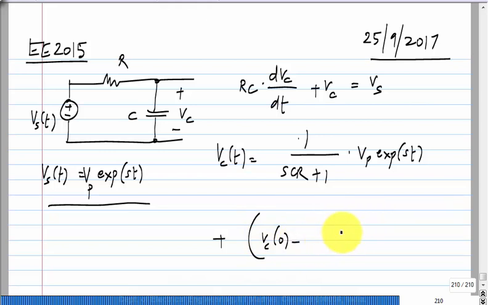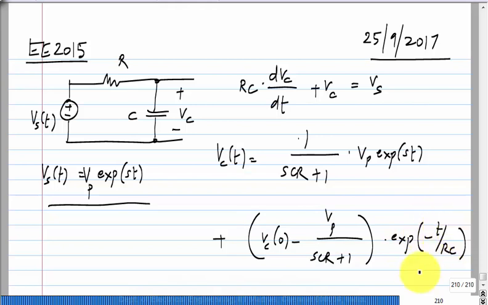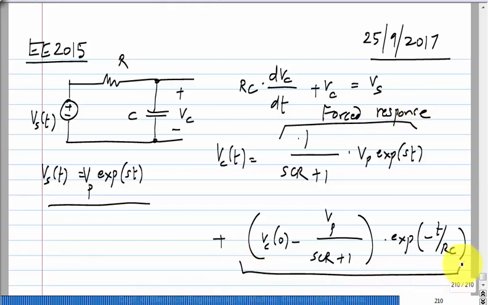Vc of 0 minus Vp by (SCR plus 1), times exponential minus t by RC. So, this is the forced or the steady state response, and this is the natural response.